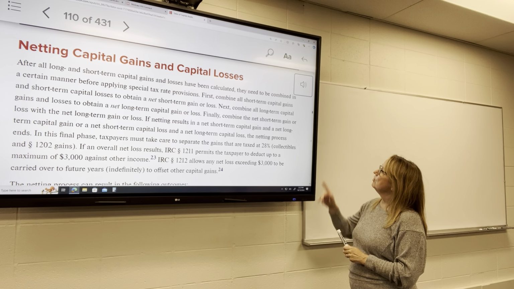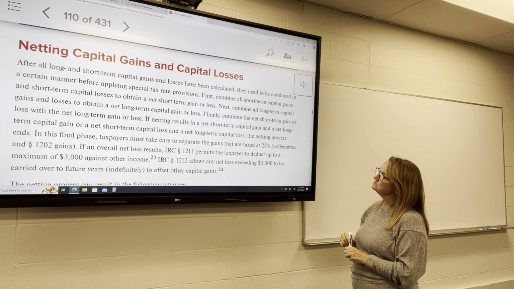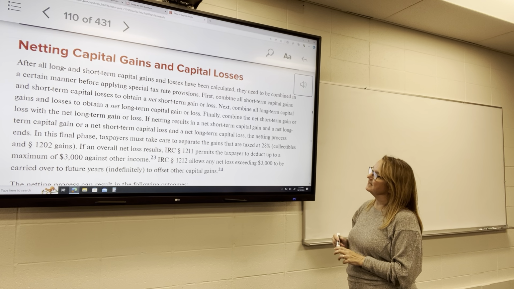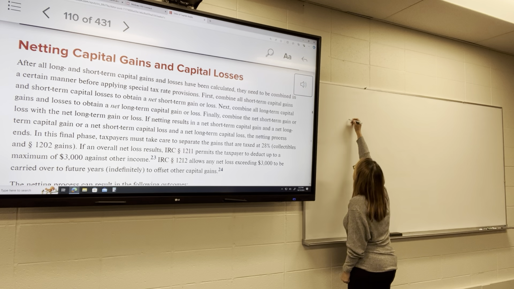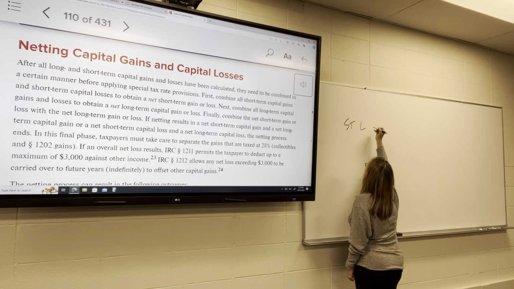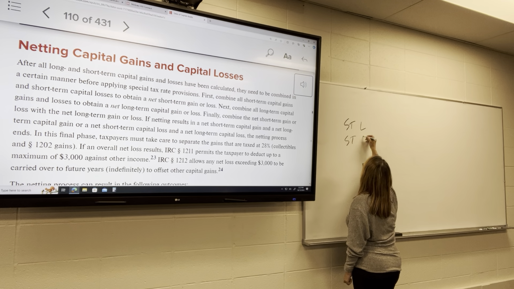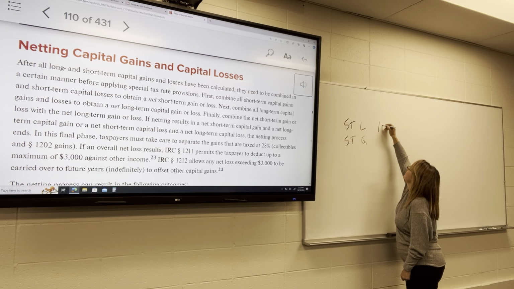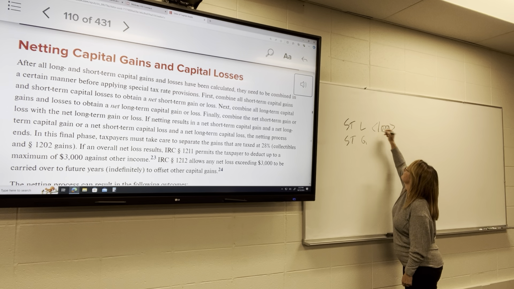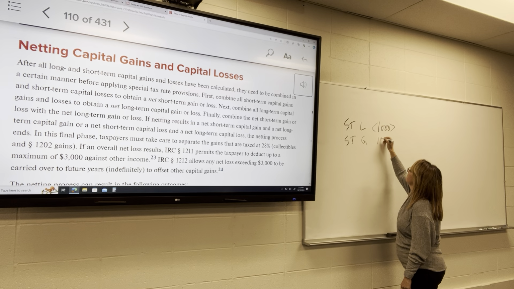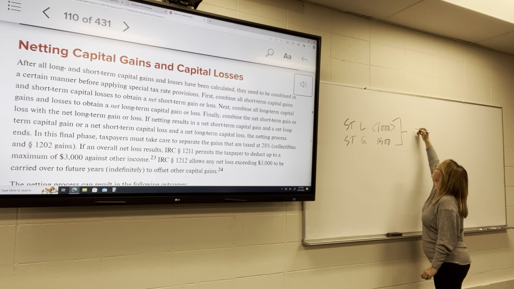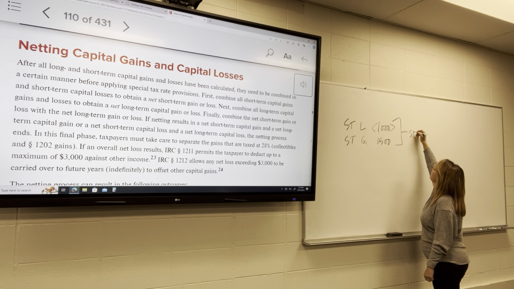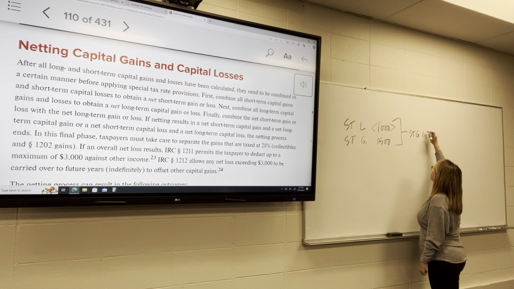First, you combine all short-term capital gains and all short-term capital losses to obtain a net short-term capital gain or loss. So let's just say we had short-term loss, short-term gain. So this is 1,000, and our gain here was 1,500. We're going to combine those two for a net short-term gain of 500, right?